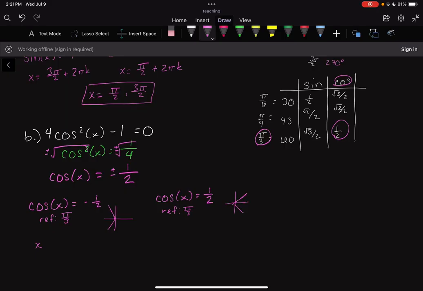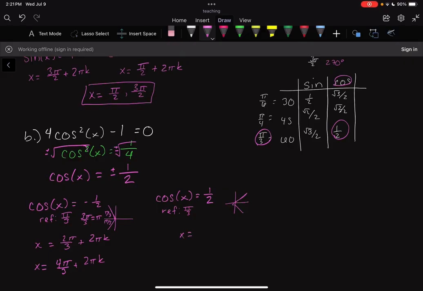So for the negative 1/2, remember this is pi, or 3 pi over 3. So that's going to give me 2 pi over 3 plus 2 pi k. And then I also get the answer in quadrant 3 of 4 pi over 3 plus 2 pi k.